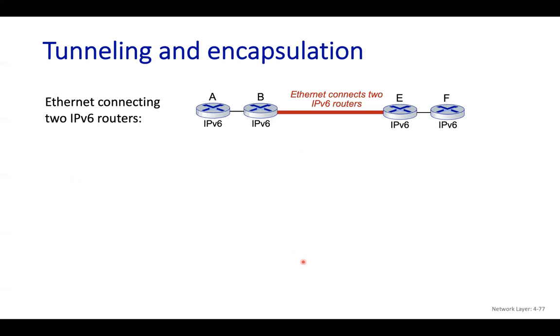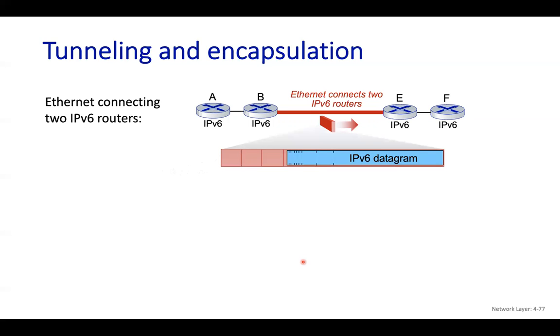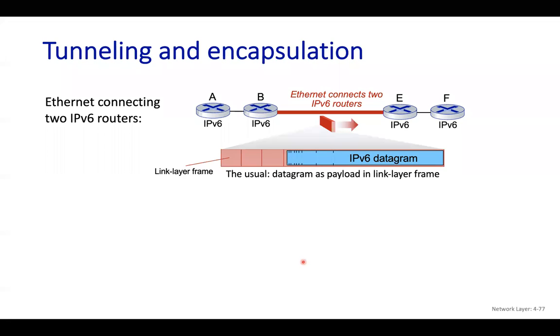Okay, let's assume that if everything is IPv6, that should be fine. I have all of the devices and routers as IPv6. I send everything in the IPv6 format. There will be no problem. But if there is something between B and E, some routers are, sorry, IPv4 routers, how should we do?